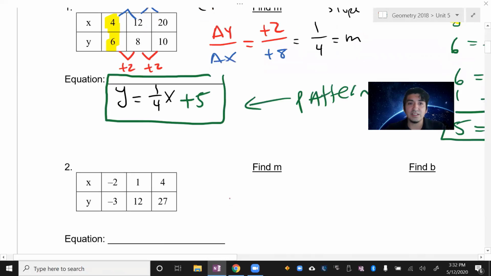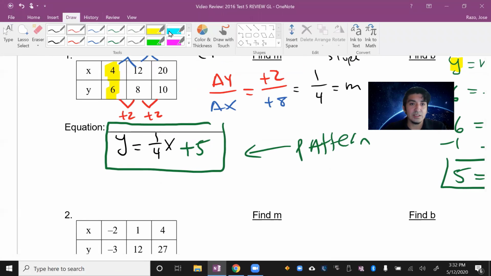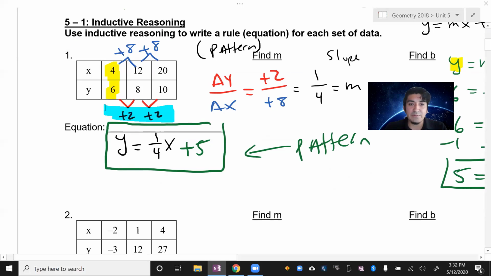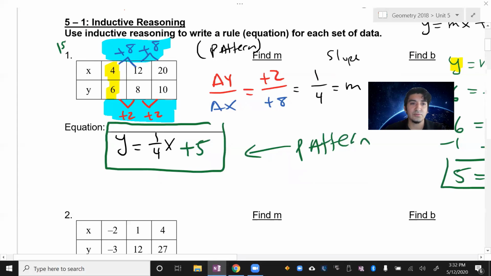My first difference for the y's would be plus 2. My first difference for the x's would be plus 8. Those are ideally your first differences. So you know what I'm referencing every single time.